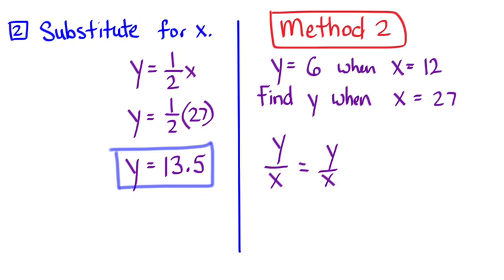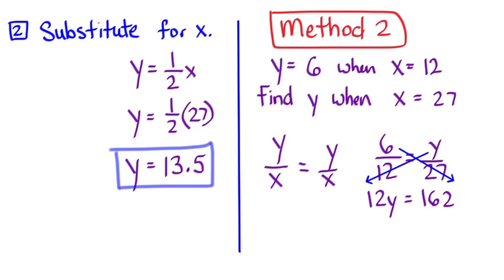It's going to be proportionately the same. I do my cross products here, and I end up with 12y equals 162. I divide, and again, I get 13.5. So 2 ways to do it.